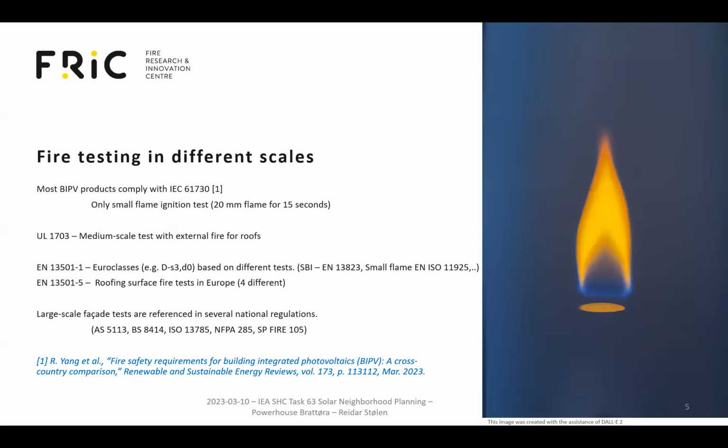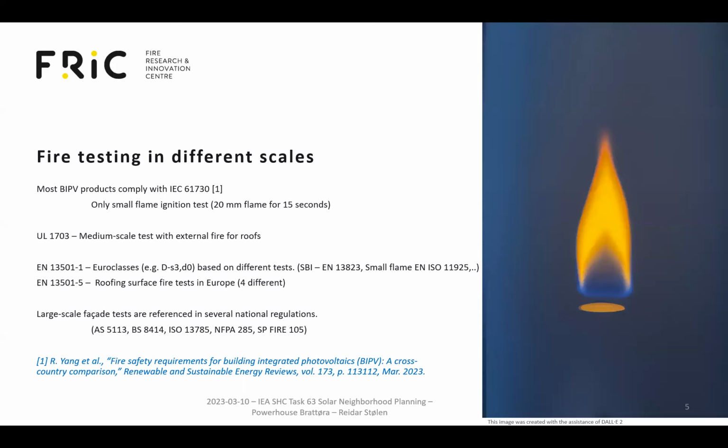So that's a very small scale test, and does not necessarily say everything about the relevant fire properties of the products. Also, another test, UL 1703, is a larger scale test, but as far as I've understood, only relevant for roofs.